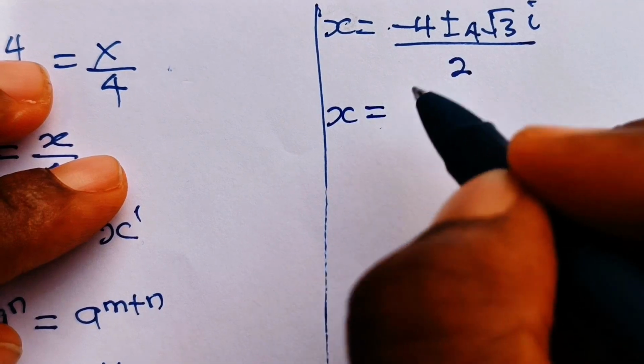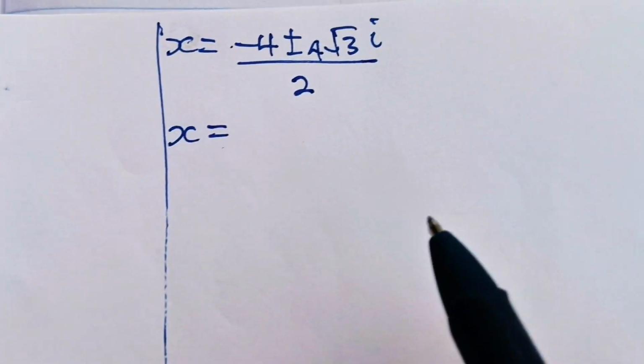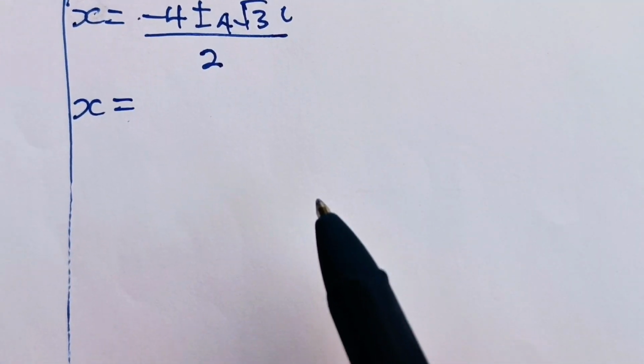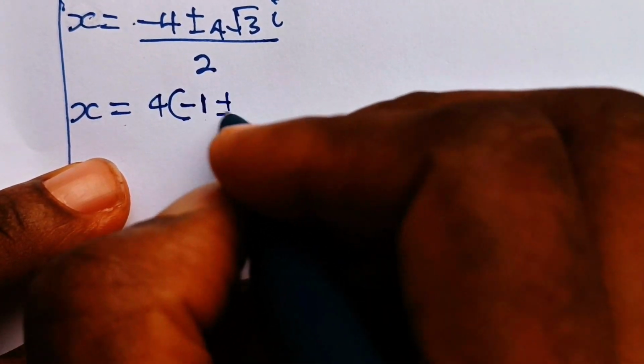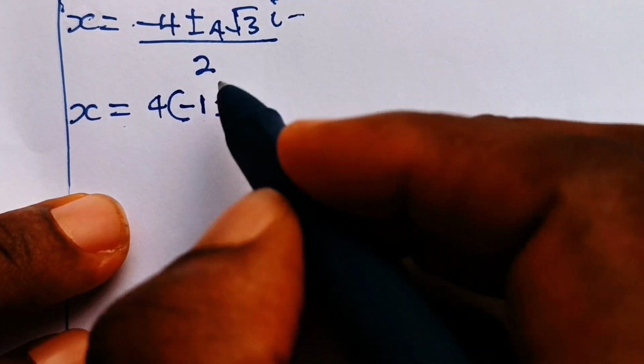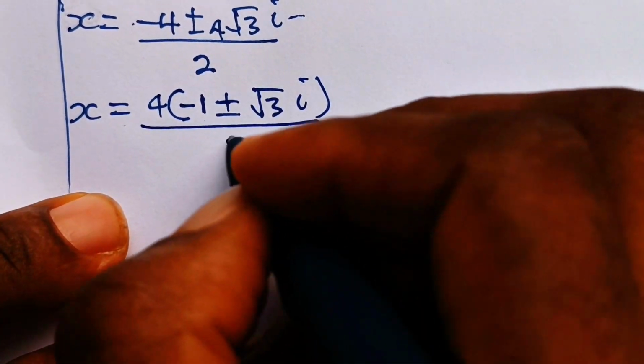So x is equal to the numerator, sorry, we can actually factorize something. Yes, we can factorize the numerator. Let's factorize 4. If we do that, minus 4 divided by 4 will give us minus 1 plus or minus 4 root 3i divided by 4 will give us root 3i.